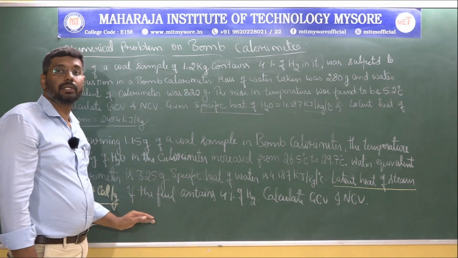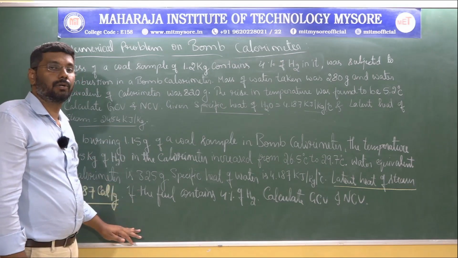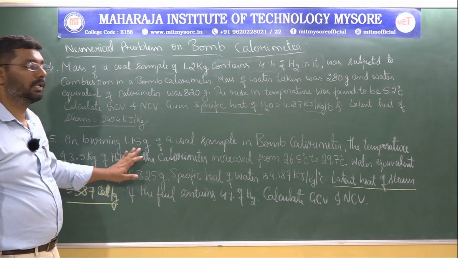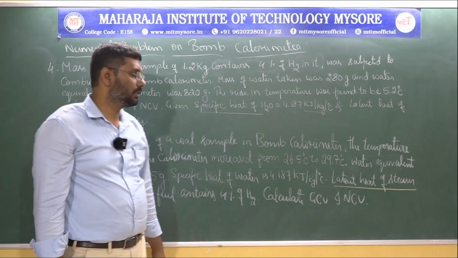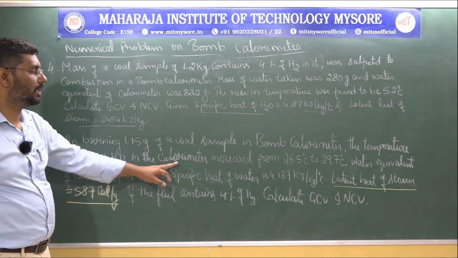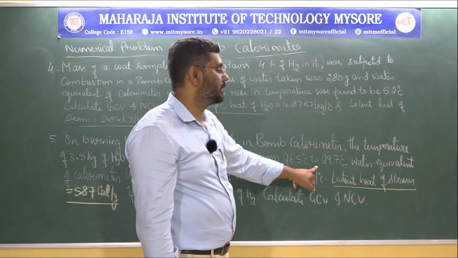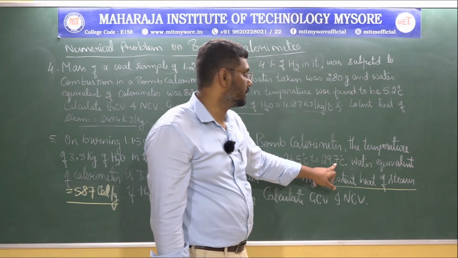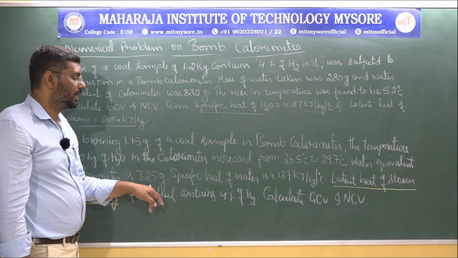Coming to the second one, this is very important. If you go through this numerical problem, you can see: on burning 1.15 gram of a coal sample in a bomb calorimeter, the temperature of 3.5 kg of water in the calorimeter increased from 26.5 degrees centigrade to 29.7 degrees centigrade, and the water equivalent of the calorimeter is 325 gram.